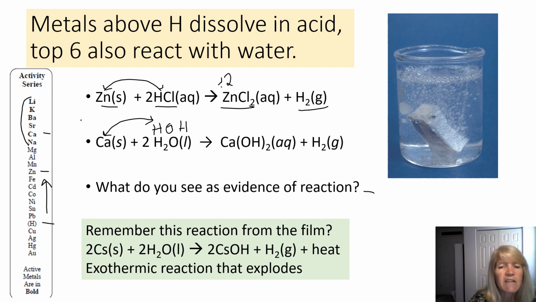So it becomes calcium hydroxide. Okay, so that calcium is +2, hydroxide's -1, and that's why you get the 2. Calcium hydroxide, and then this hydrogen is going to be elemental, which is hydrogen gas. And then since you have two hydrogens, you need 2 waters to make it balance.